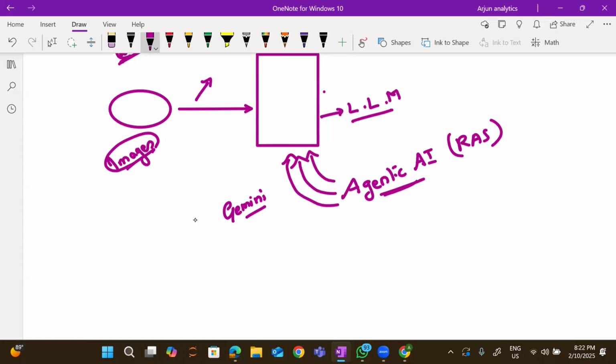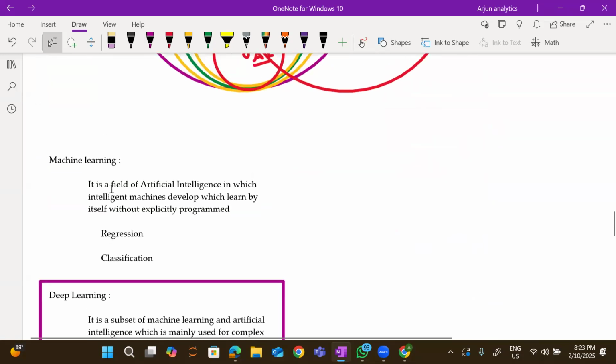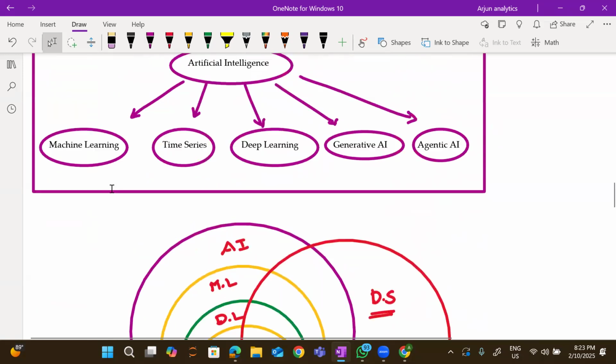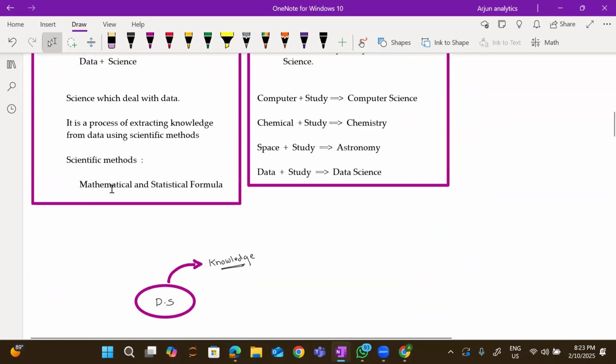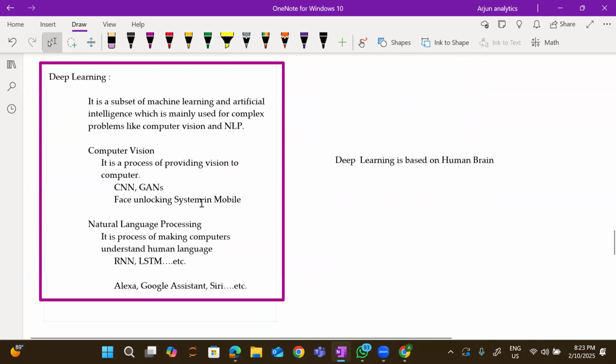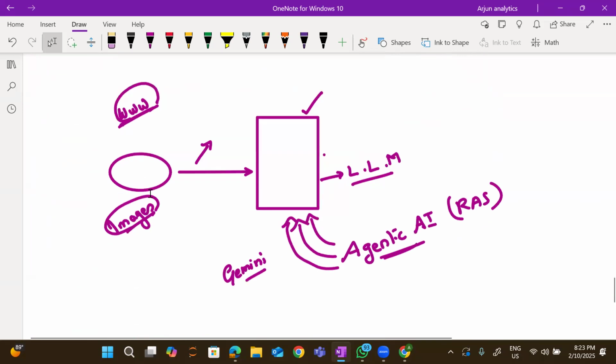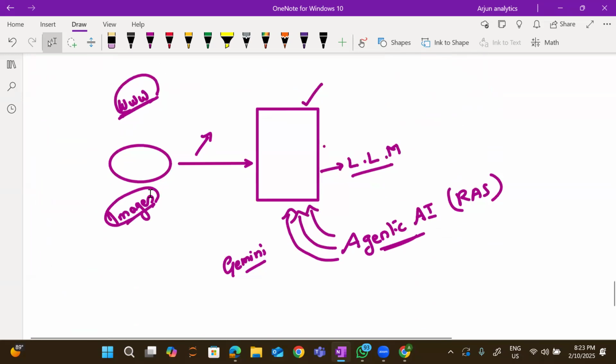Actually, to be precise, it is from the past 70 years. So this is all about the very basic understanding of data science, artificial intelligence, machine learning, deep learning, generative AI, and agentic AI.